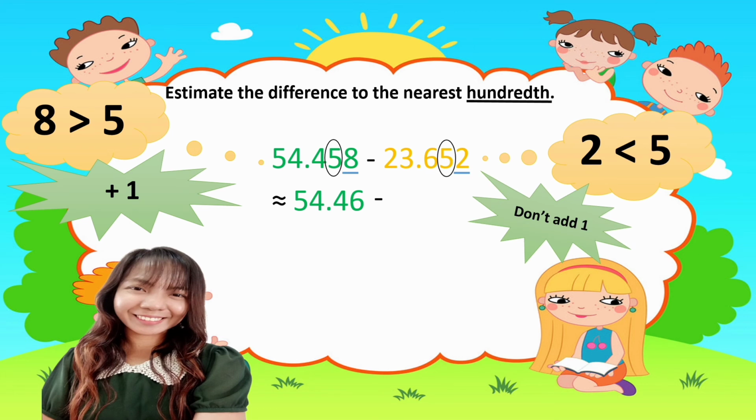So 23.65. After that, you have to subtract. 54.46 minus 23.65. Again, you have to do the subtraction vertically so that it will be easier for you.